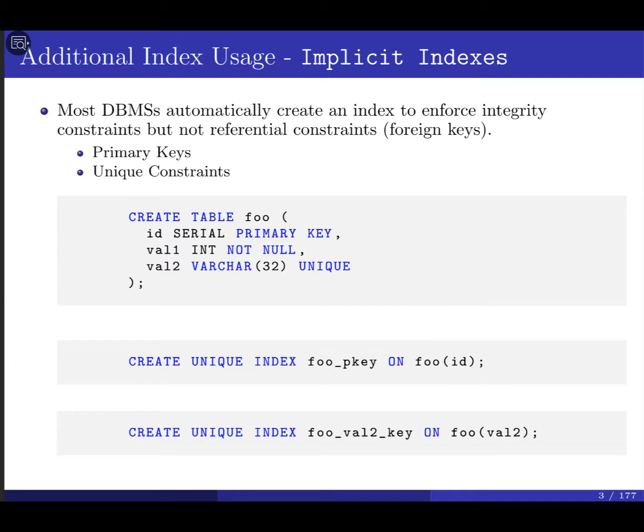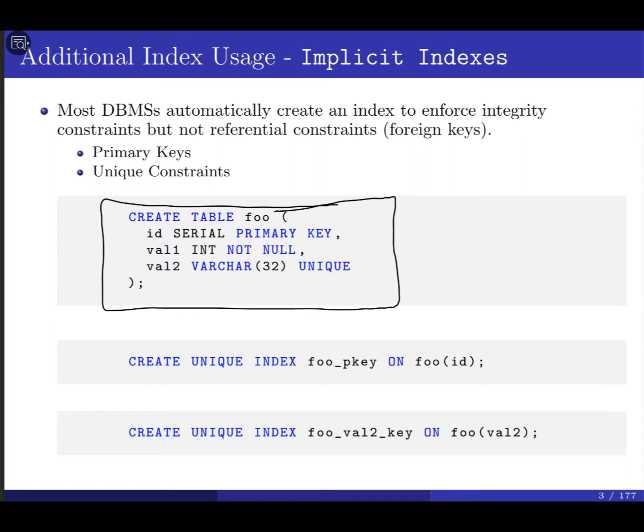Let me ask you a question. Without looking here, if you create a table, and the name of the table is foo, for example, and you have the ID serial, whatever you define, for example, a set of attributes like a primary key and unique. Without reading this slide, I just want to see whether we are on the same page or not.